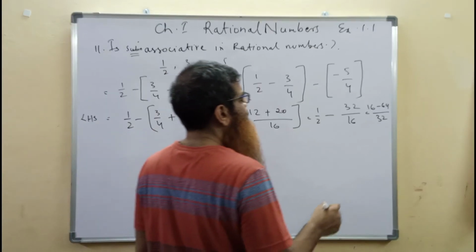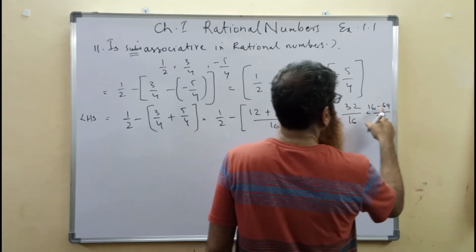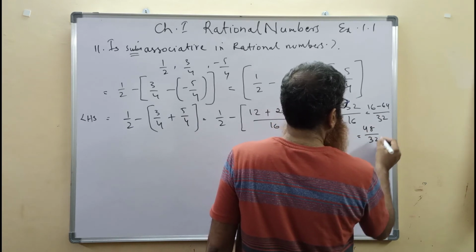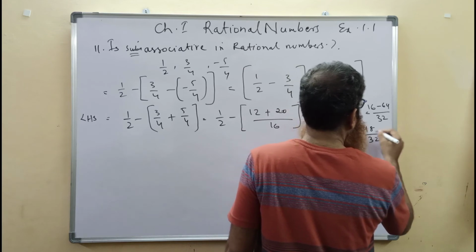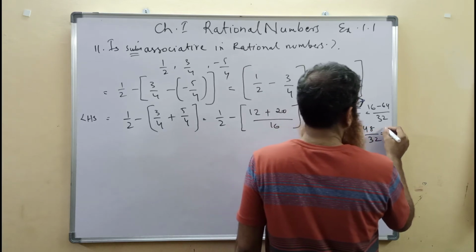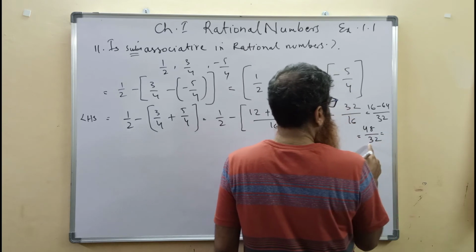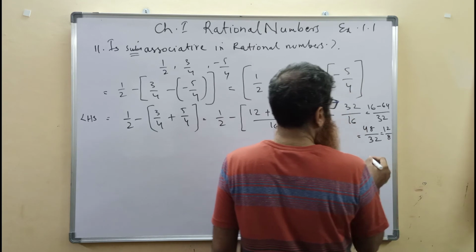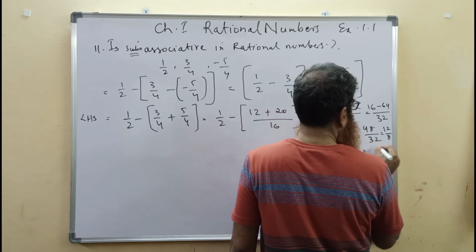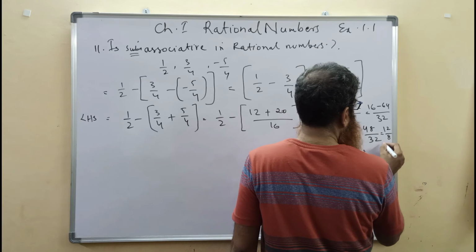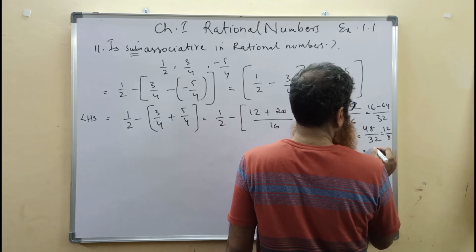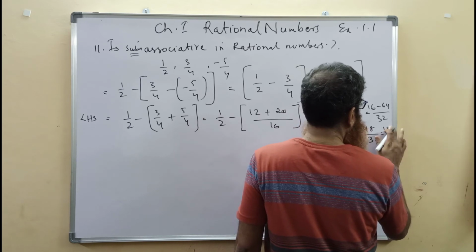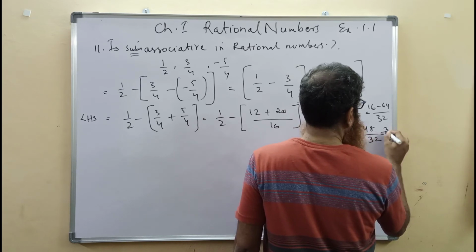It is 16 minus 64 is 48 by 32. Further, we can write it as 4 and 6, 2 and 3. 16 twos are 32, and 16 threes are 48. It is 3 by 2.